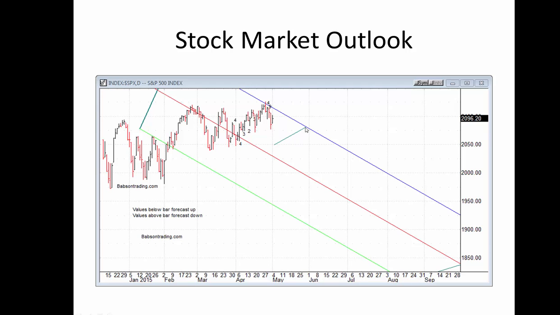And how it responds to this Babson line really will give me a good idea as to what's likely to happen next, because the next big Babson line, in terms of big data, big concepts, is way down here in the lower right hand corner.